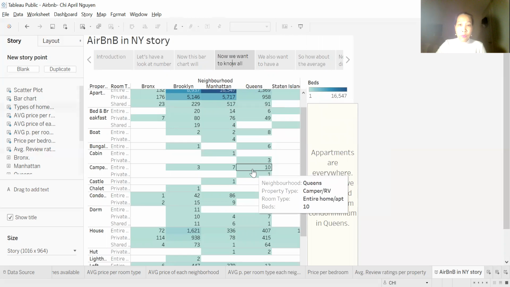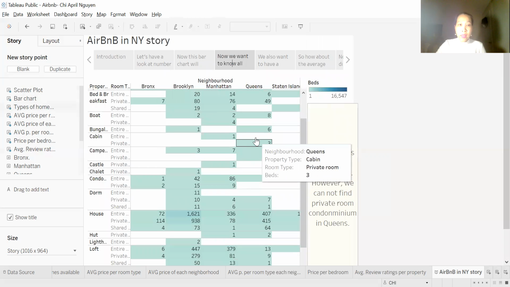But if you want to choose Queens as your destination and target a private room condominium in Queens, then there's no record. Here, you can see there is no record in Queens for private room condominium.